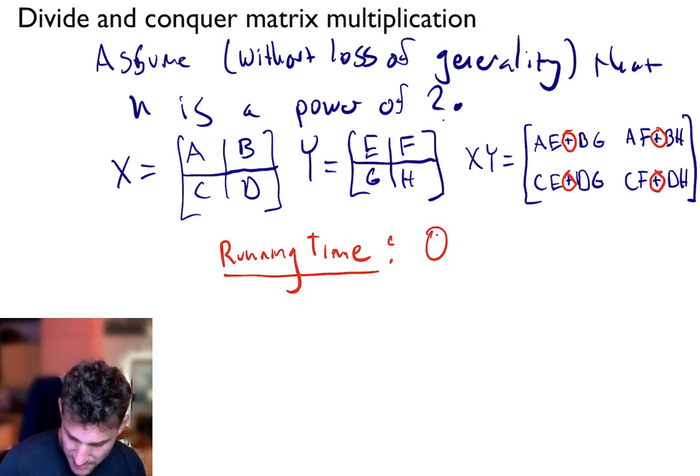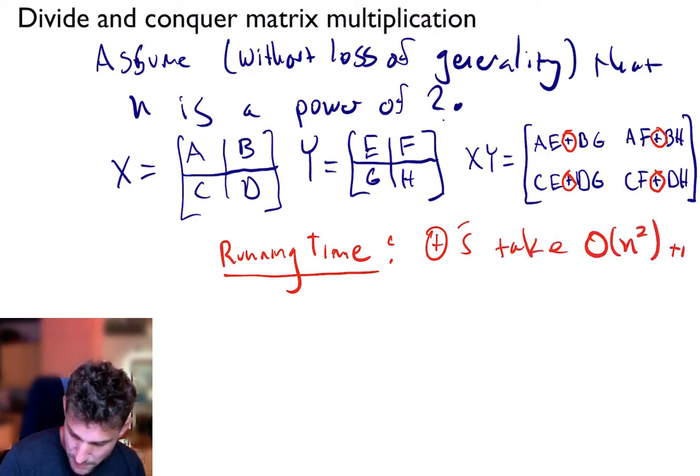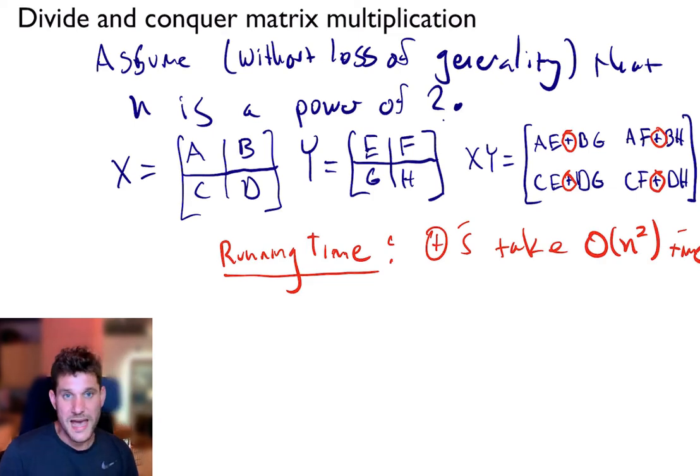So I'm going to say that these additions each take on the order of n squared time. Okay, so to add two n over 2 by n over 2 matrices together, the only way you can really do this is by essentially looping over all rows and columns and simply adding the items in each matrix together. And you can see that's going to be an O of n squared type algorithm.